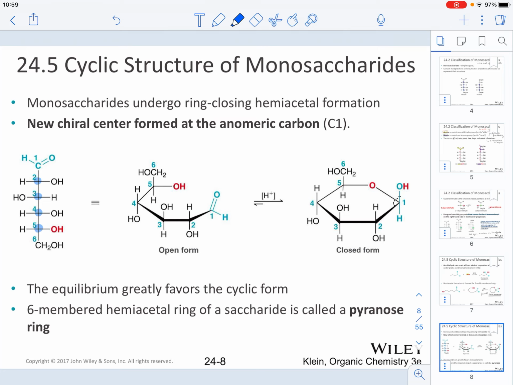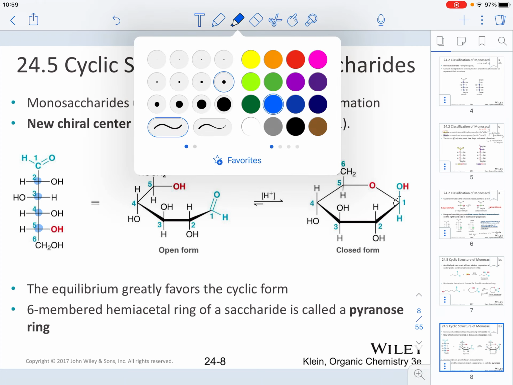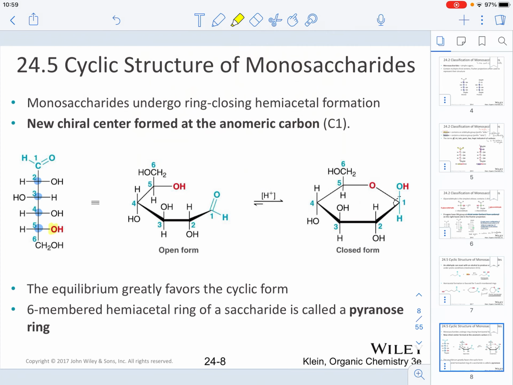In the second drawing, which still corresponds to the open form, we can directly see which atoms are going to be participating in the ring closing. Specifically, the OH that is involved in determining the D or L configuration for your carbohydrate is going to cyclize by forming a new single bond with the carbon in the carbonyl functionality.